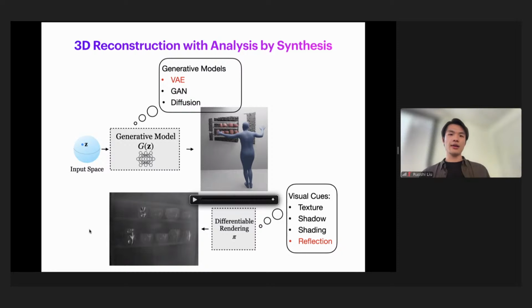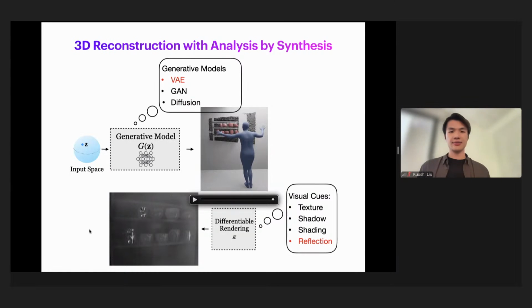SMPL is a 3D mesh, so we run differentiable rendering of that 3D mesh to create a differentiable binary mask, and we take the loss. Okay, so you take the loss between masks. Yes, not key points.